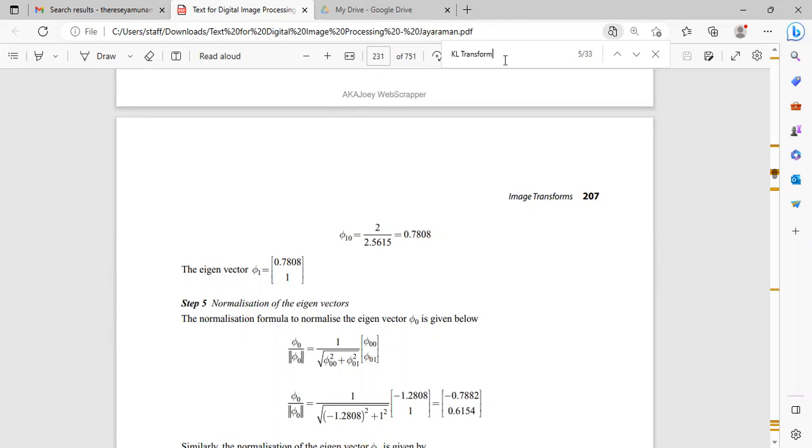So to normalize phi naught, you are taking the norm of phi naught. So this will be phi naught by norm of phi naught, 1 by root of phi 0 0 square plus phi 0 1 square into phi 0 0, phi 0 1.